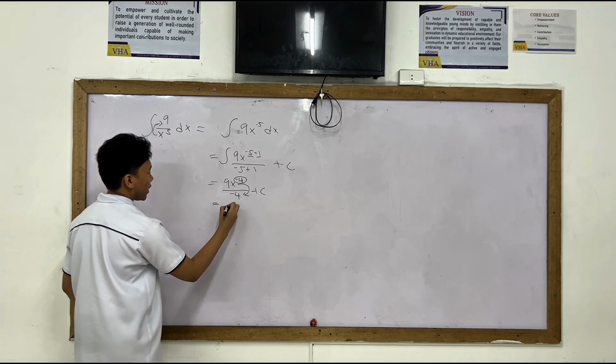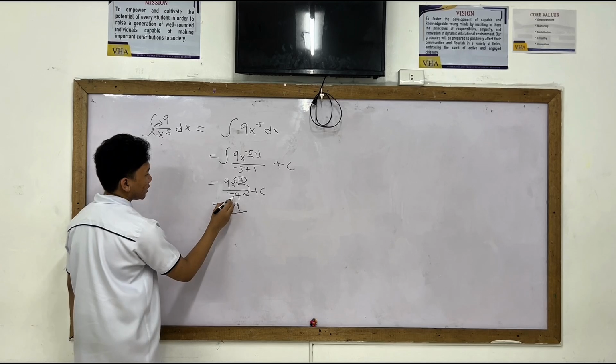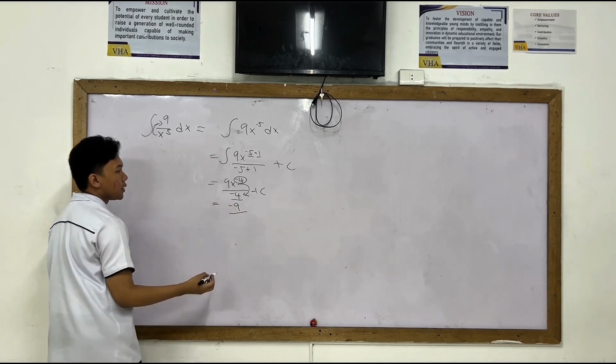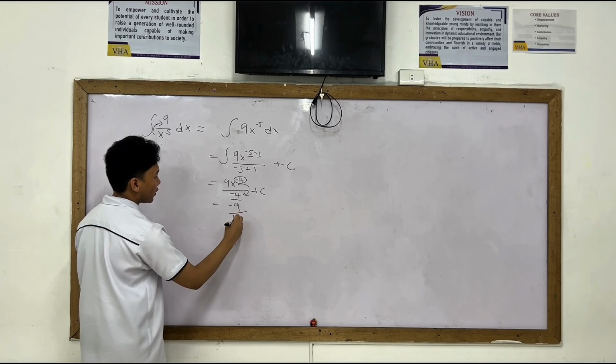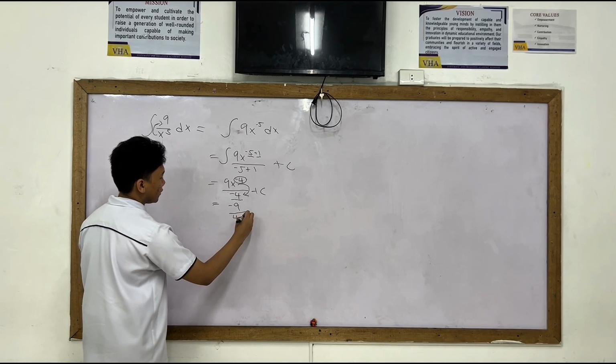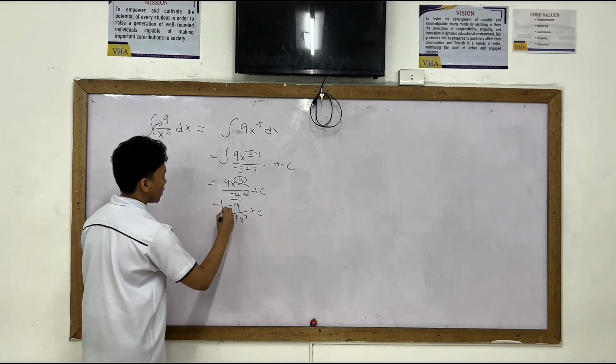So we write negative 9 over the negative of before, negative 4 at the bottom will become positive. And we simply write x plus C, and this will be our answer.